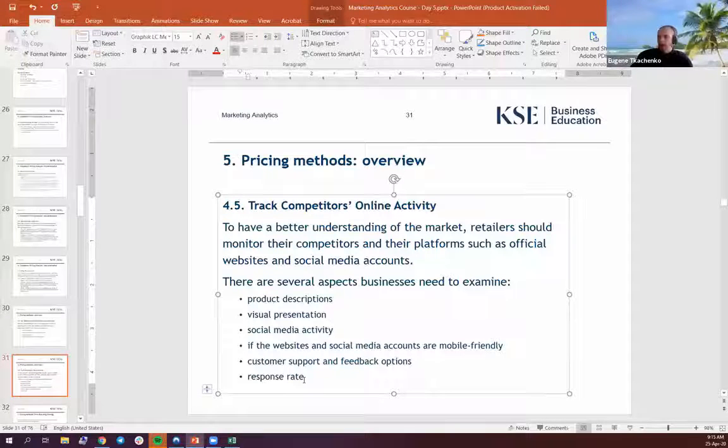So are they running some sort of sentiment analysis? Are there any chatbots available, for example, on their social media, or some sort of Telegram chatbots, so they can answer some questions related to product availability, pricing, discounts, etc., etc.